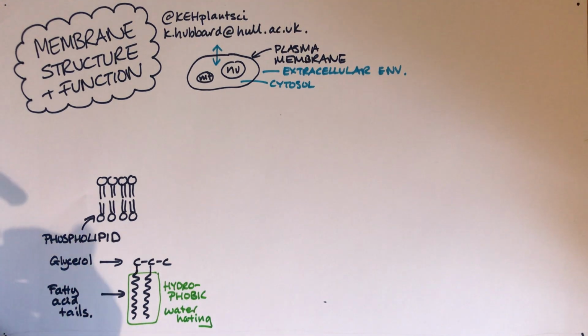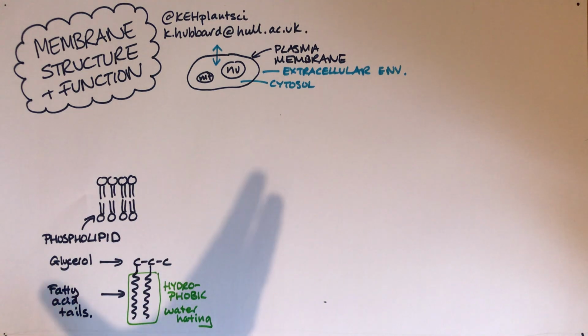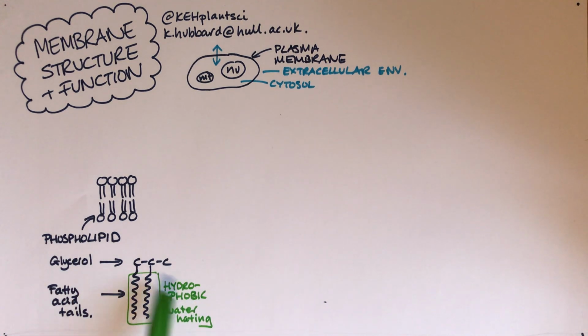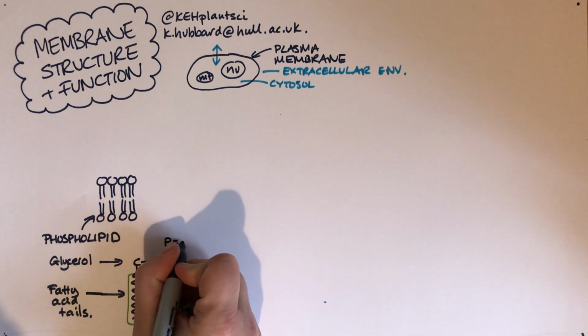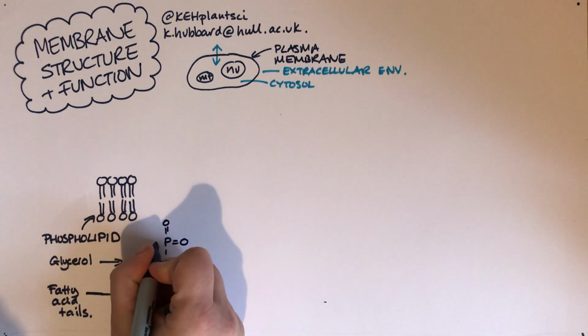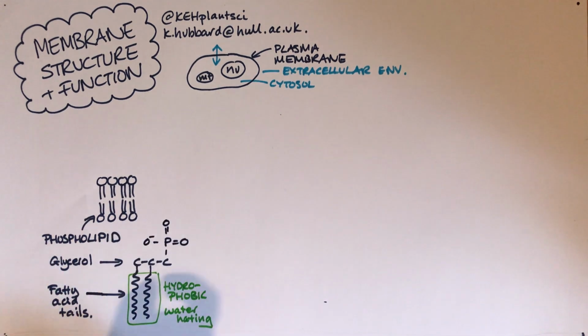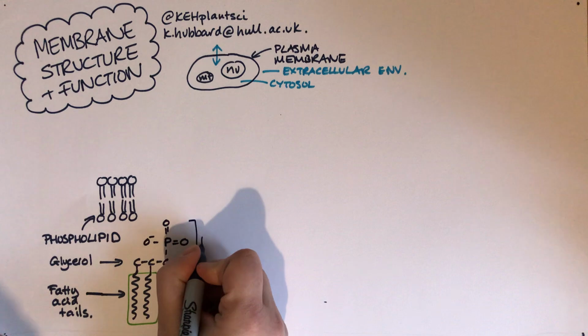You'll know, if you're doing the washing up or whatever, if you've got something fatty, then fats don't mix with water very well, so you kind of get fat droplets occurring. So these are fatty components. They don't like the water, they don't mix very well with water. So to 2 of the carbons we've got these fatty acid tails. To the other carbon, however, we've got a phosphate group, so that's a phosphorus and 3 oxygens.